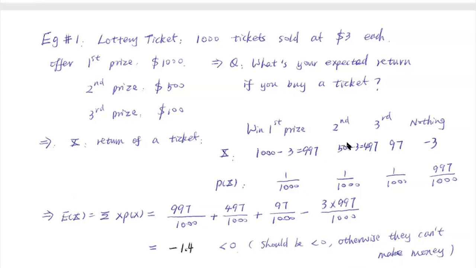The second place, you win 500 and pay 3, so your return is $497. Third place, you win 100 minus 3, so $97. If you win nothing, well, you pay $3. That's your return, -3. Follow me?